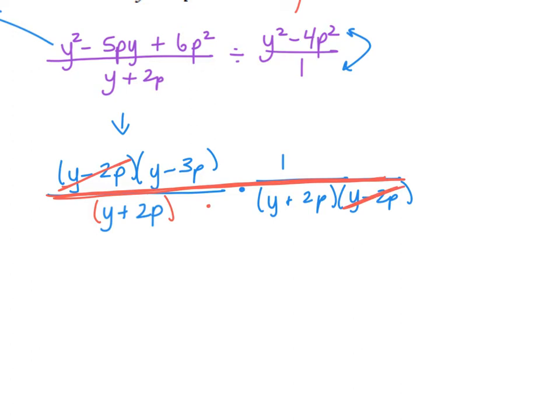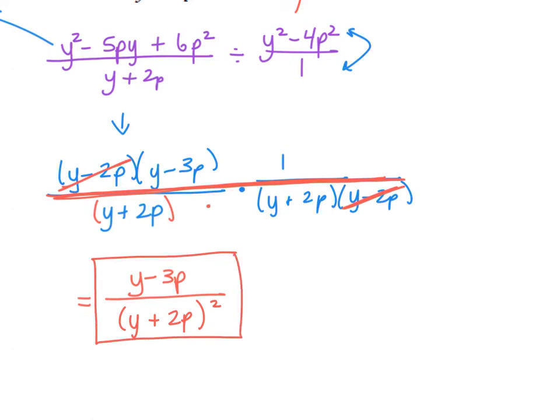And it doesn't really look like anything else is canceling. So our final answer on the top, we have a y minus 3p times that 1, which is just y minus 3p. In the denominator, we have a y plus 2p and another y plus 2p. So we'll put those together and say it's a y plus 2p squared. Even though our answer doesn't look all that great, that is a simplified answer.